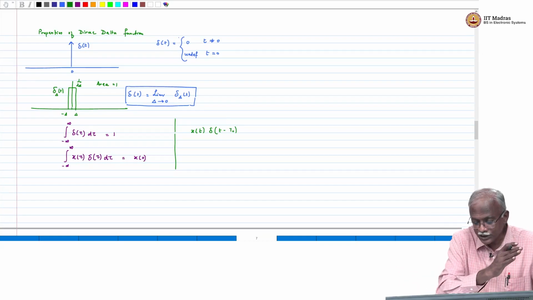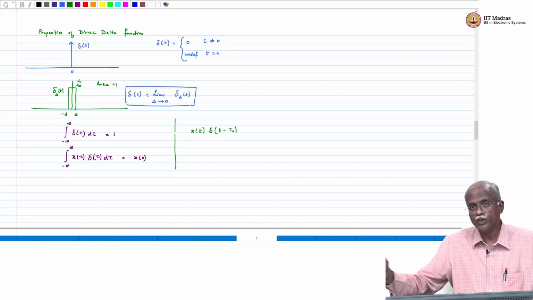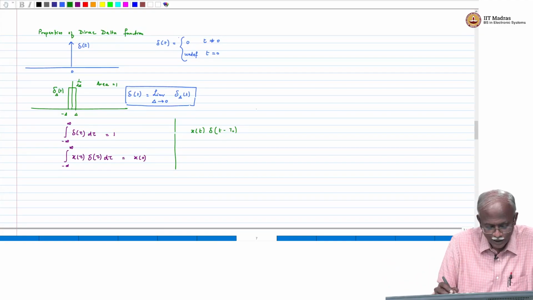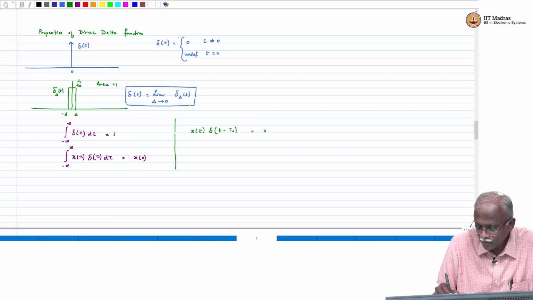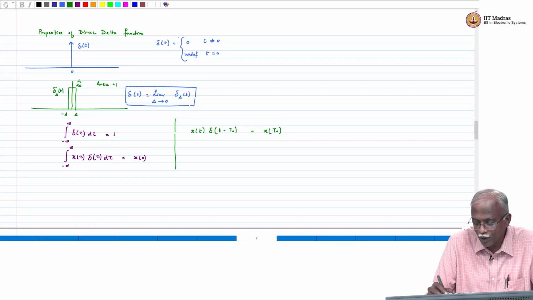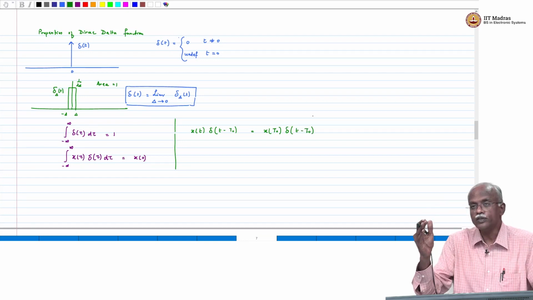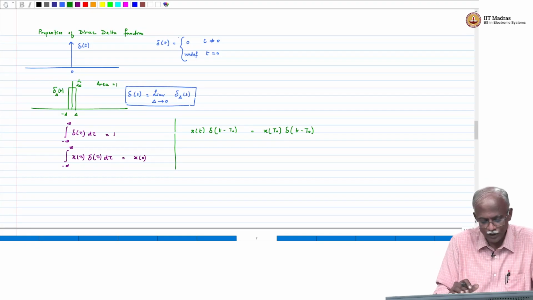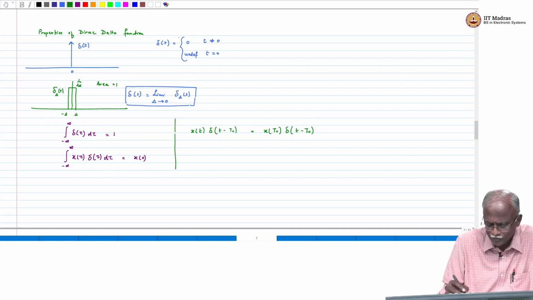So, x(t), though it may have non-zero values everywhere, the only value that will be retained will be x(t_0), and not only will it have only that point, it will have the property of the Dirac delta. So, it is a Dirac delta occurring at t equal to t_0 with a scale factor x(t_0). This is an important element that we need to keep in mind.